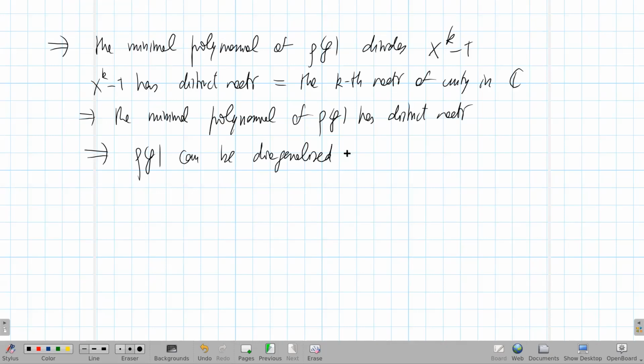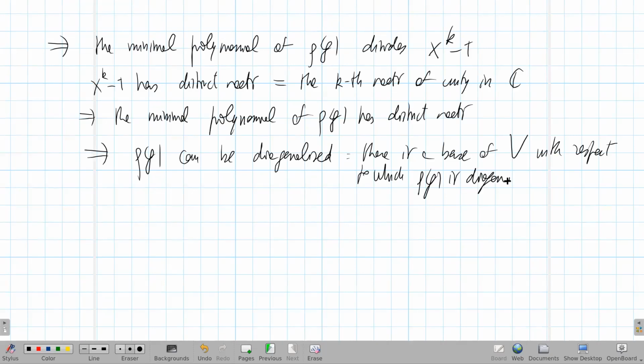There is a basis of the vector space with respect to which rho of g is diagonal. Okay, so I choose a basis, I get different matrix representations. And this is an important thing, and we will see something happening in a second.